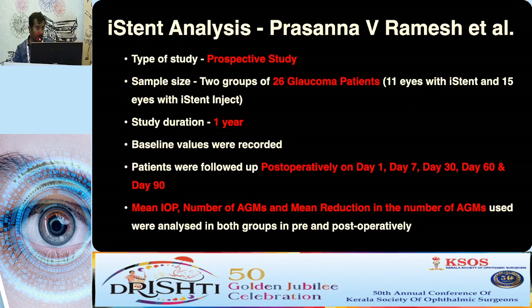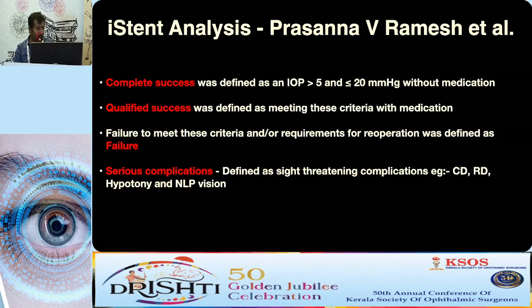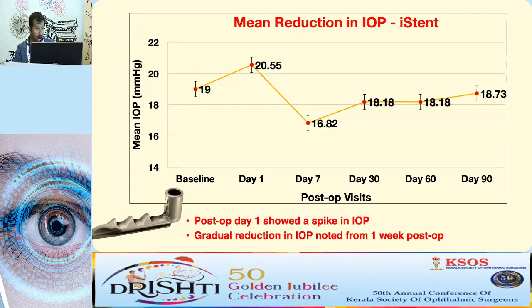This is another prospective study which Prasanna had done of 26 glaucoma patients, and he showed there is good reduction of IOP, but there is a post-op day 1 spike which will come into effect later.